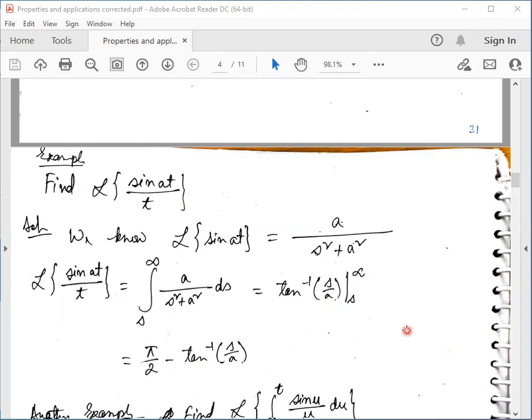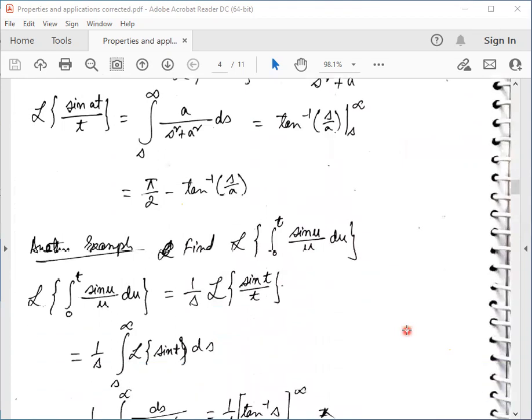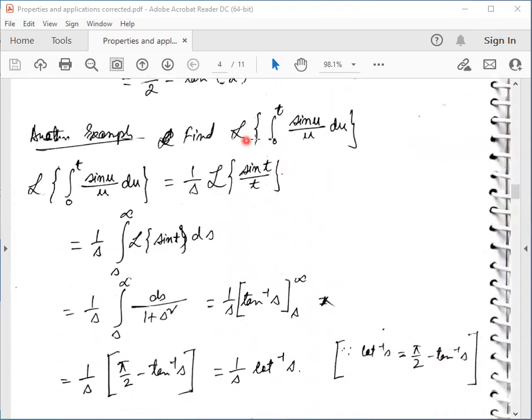Now let us look at another example which is slightly more complicated but not so difficult. Find the Laplace transform of the integration of sin u by u du. First we have to apply the property where we take the Laplace transform of an integral.